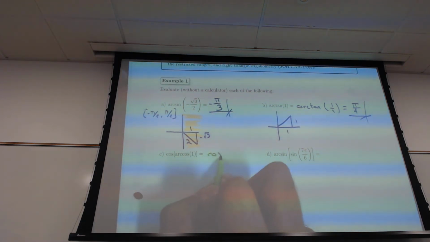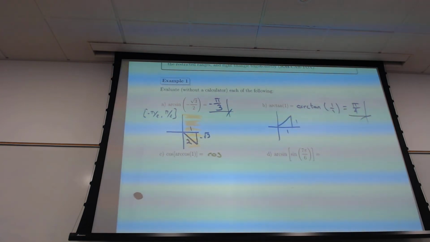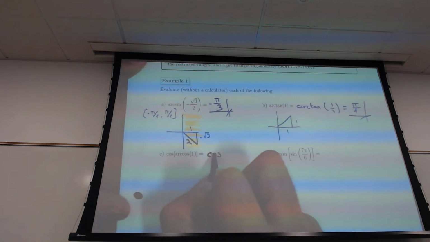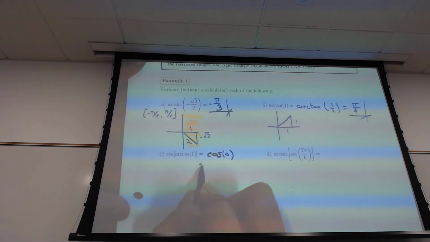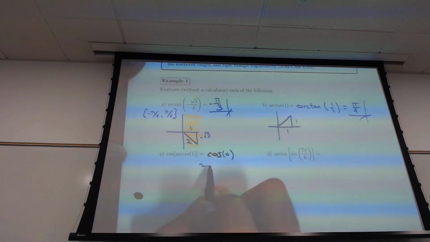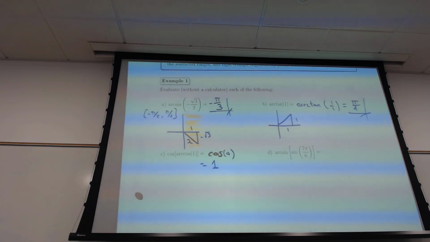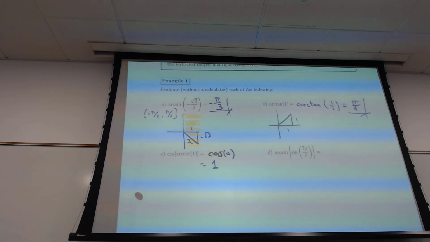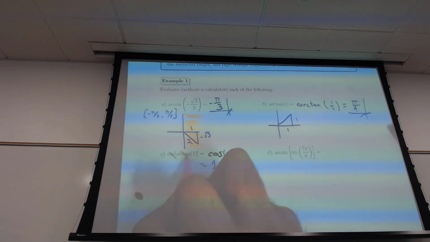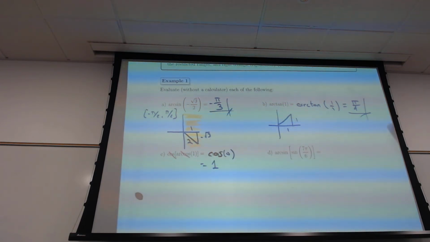So cosine of 0, and what is cosine of 0? That equals back to 1. So in this case we are good, because we are getting values that are within their corresponding domains and ranges. In this case, we can just say cosine cancels the arc cosine.